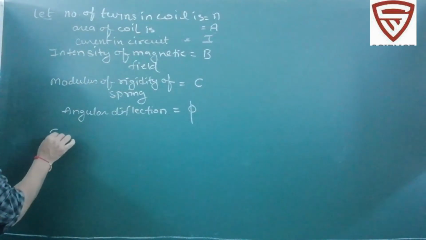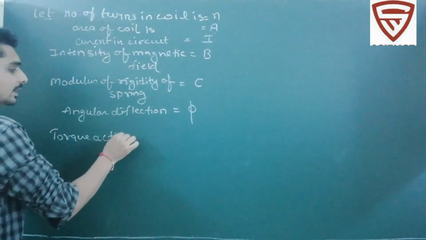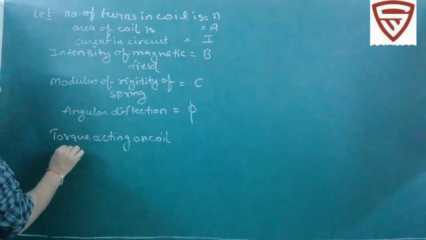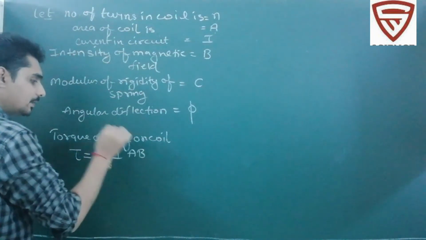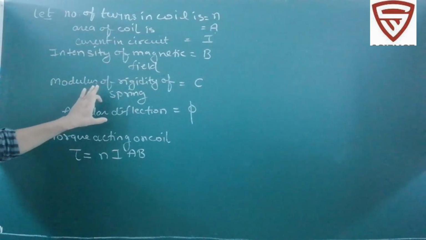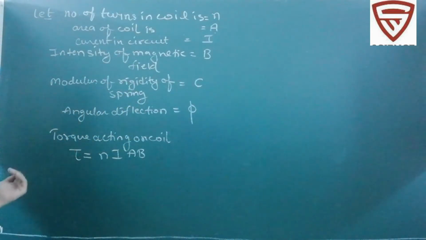In previous lectures we have discussed that when a coil is placed in a magnetic field, the torque acting on the coil is tau equals N I A B. There will also be a deflection in the spring, so the spring will try to restore the pointer to its initial position.